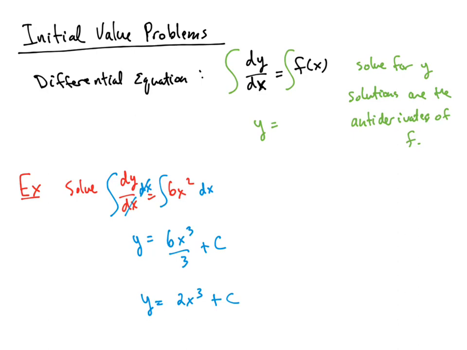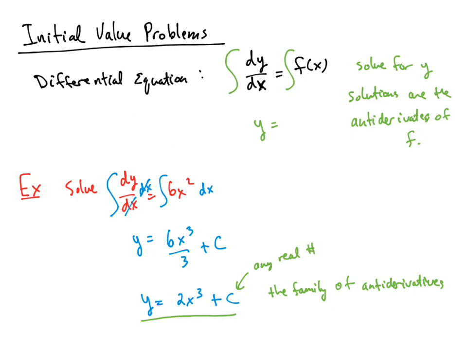What we call this is the family of antiderivatives. We call it a family because c could be any real number. If you're thinking about the graph, that c value is a vertical shift.